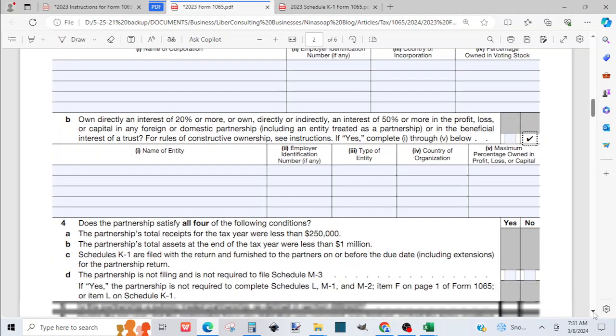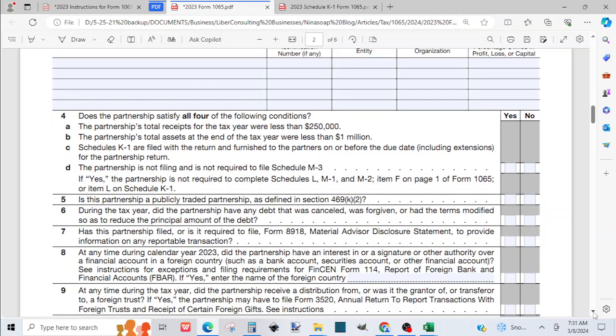Does the partnership satisfy all four of the following? The partnership's total receipts for the tax year were less than 250,000. Yes. The partnership's total assets at the end of the tax year were less than 1 million. Yes. Schedule K-1s are filed with the return and furnished to the partners on or before the due date. Yes. The partnership is not filing and is not required to file Schedule M-3.